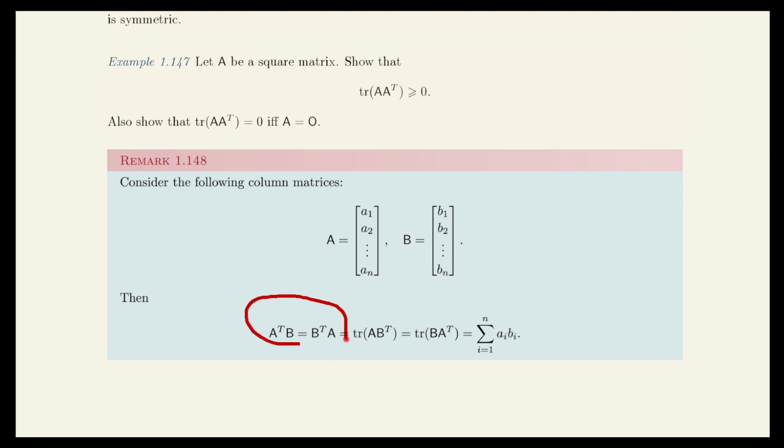Yes? But still, we don't know why these are also equal to these numbers. That is a good exercise: try to prove that this one is equal to this one or that one, it doesn't matter. And then if you can do that, similarly, this is also equal to this one, then it means that all of them are equal. So that's a very nice relation if we have two column matrices. This is only working if we have column matrices.